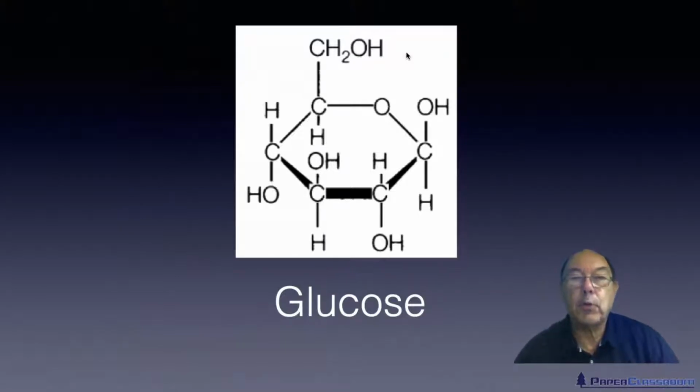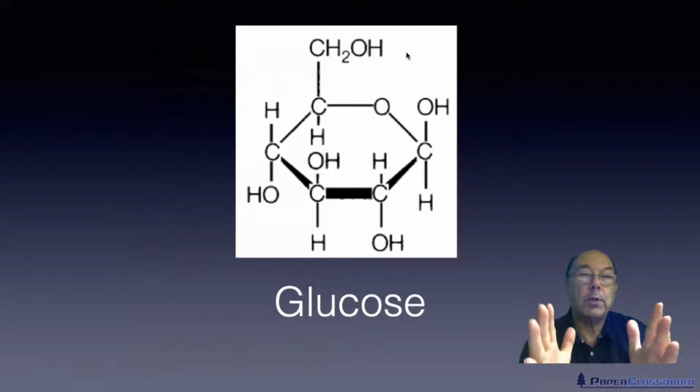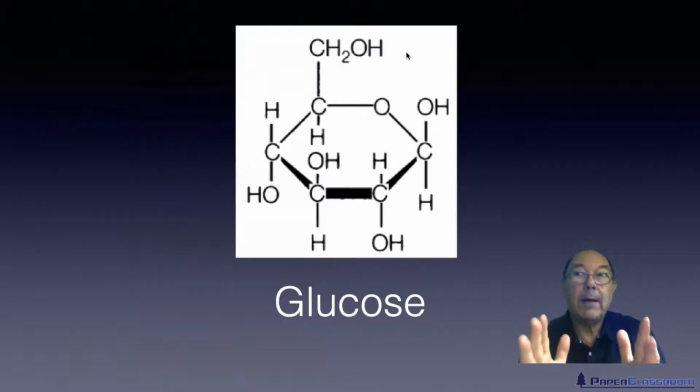The hydroxyl groups are important because, as we've seen in an earlier video when we talked about hydrogen bonding in the science unit, it was the hydroxyl groups on one fibre associating with the hydroxyl groups on another fibre by hydrogen bonding that causes fibres to actually glue together.